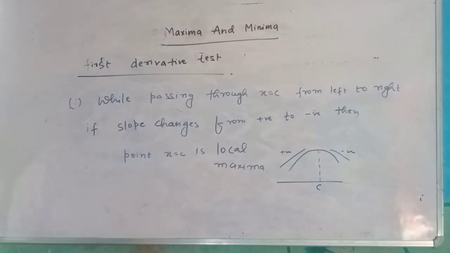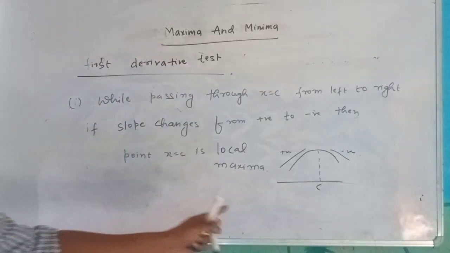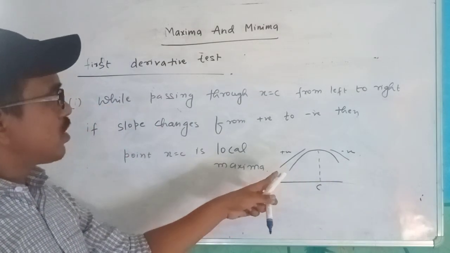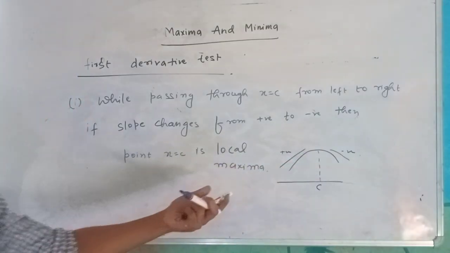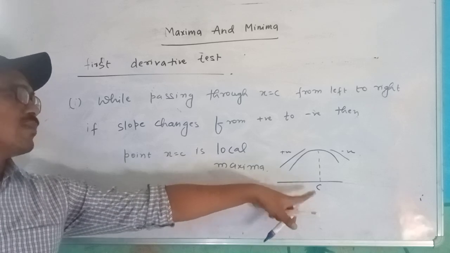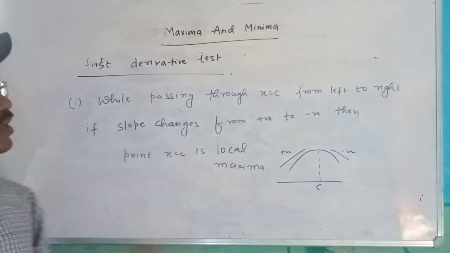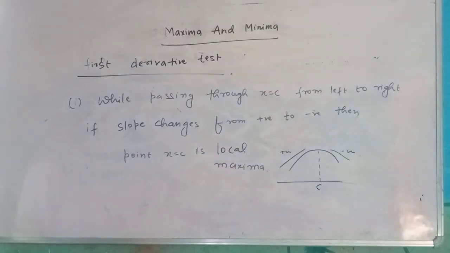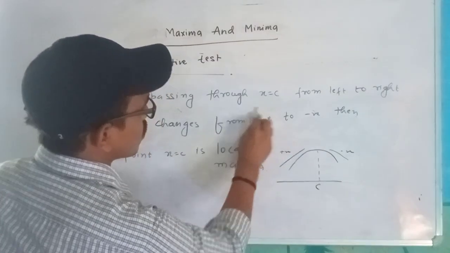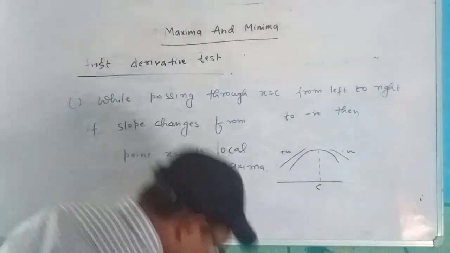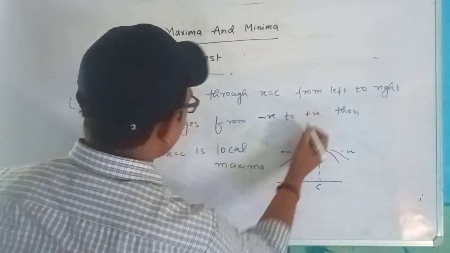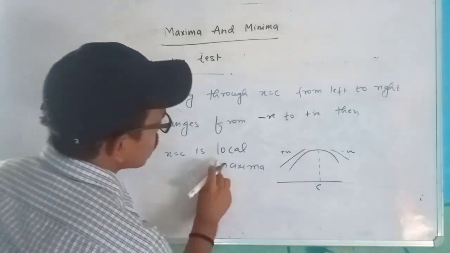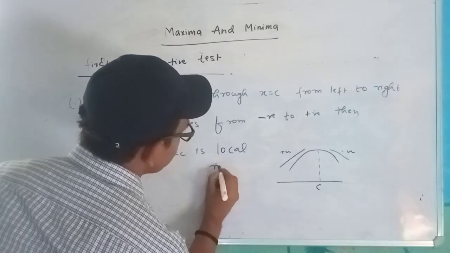Now similarly, students, while passing through point c from left to right, if the slope changes from negative to positive, then the point will be local minimum. Okay. So I'm just changing this: from negative to positive, then the point x is called local minimum.